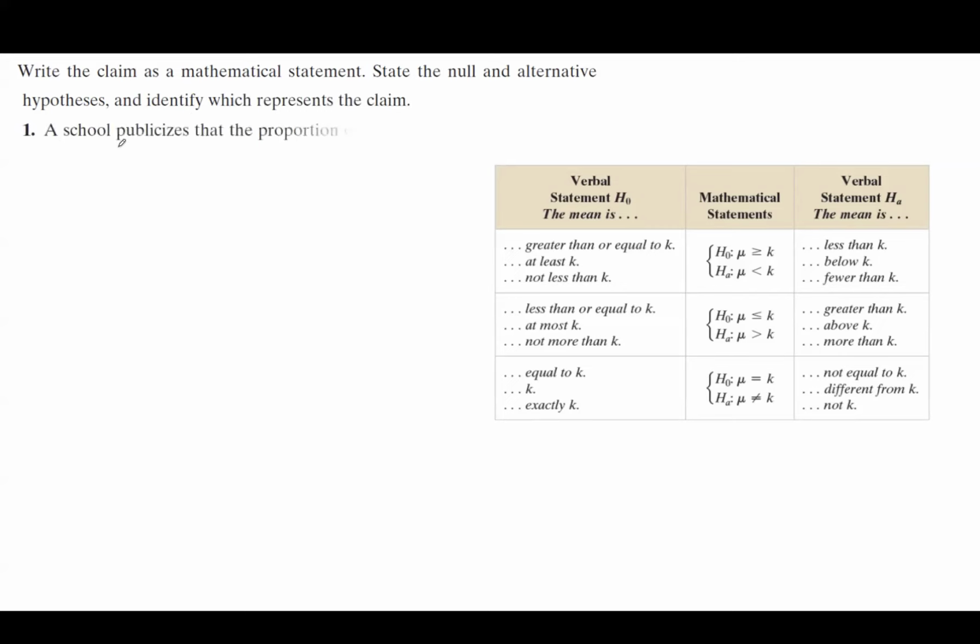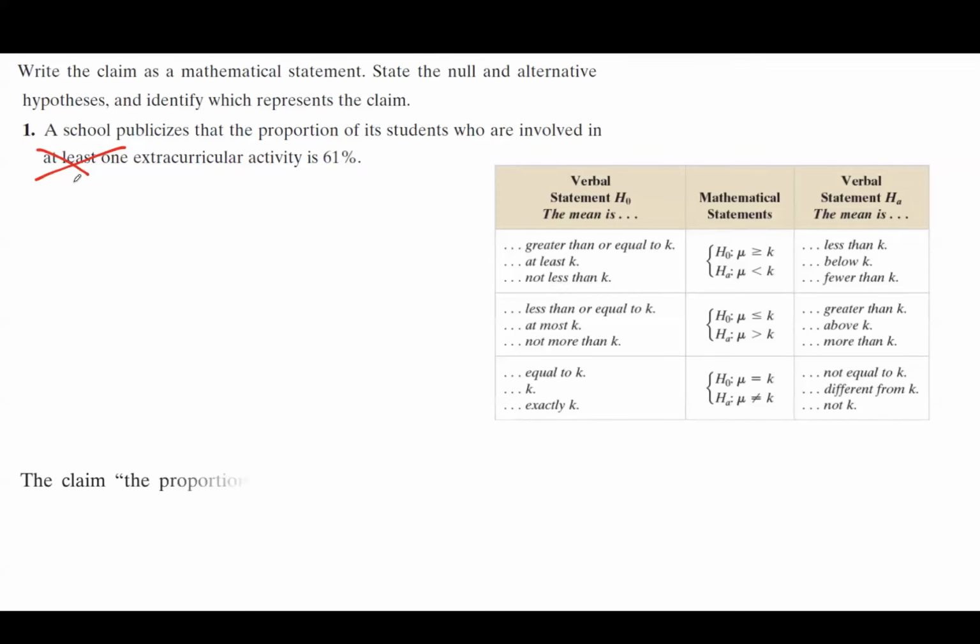a school publicizes that the proportion of its students who are involved in at least one extracurricular activity is 61%. Usually a student makes the mistake of saying that at least is the keyword. Unfortunately, at least is not a keyword here. Why is that?